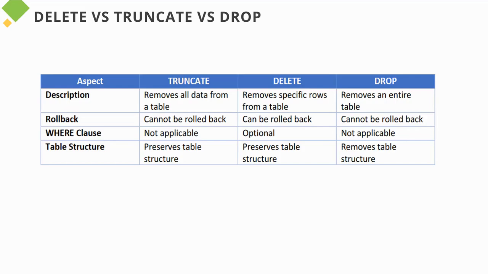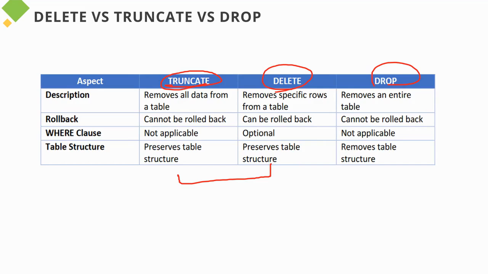With rollback, TRUNCATE and DROP can't be rolled back, as both come under DDL commands, whereas DELETE can be rolled back. TRUNCATE and DROP can't be used with specific conditions; you have to do it for the entire table. TRUNCATE and DELETE preserve the table structure, and DROP removes the table structure.